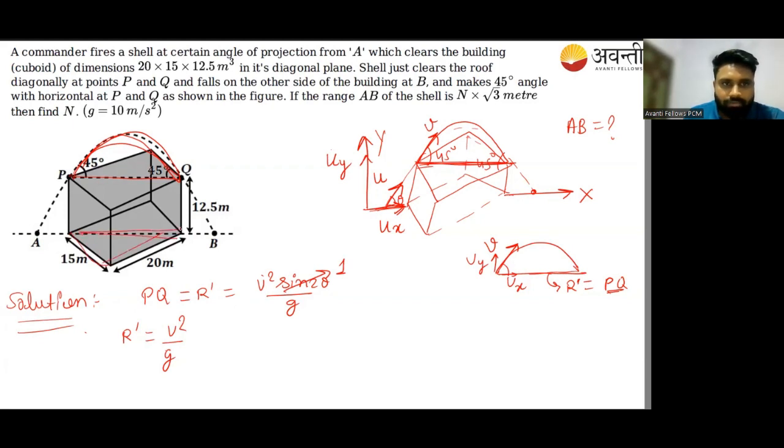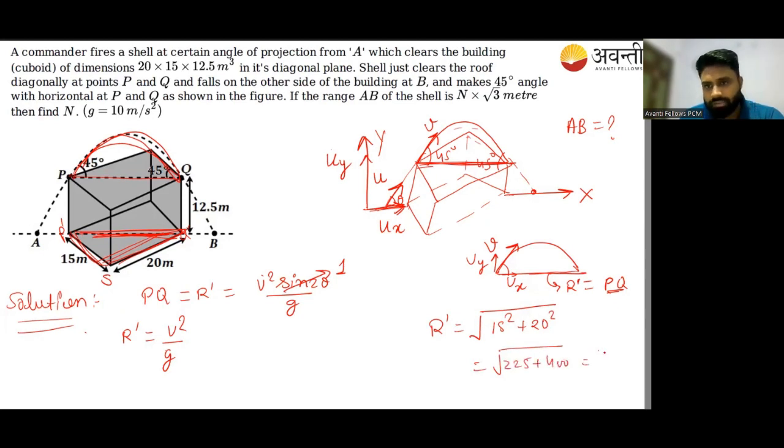Now R dash is nothing but the diagonal of this cuboid. If you focus on this triangle, let's say this point is S and these are P dash and Q dash. In triangle P dash S Q dash, this diagonal behaves as the hypotenuse, and the perpendicular and base are known to you. So R dash is the square root of 15 square plus 20 square, which is 225 plus 400.